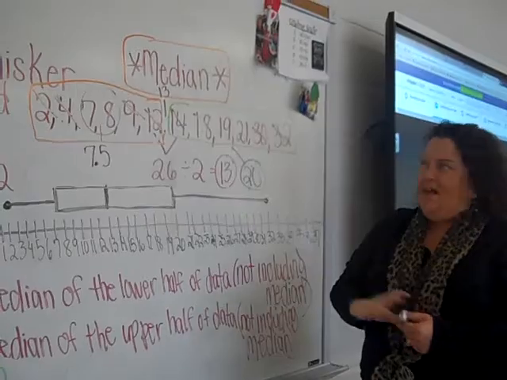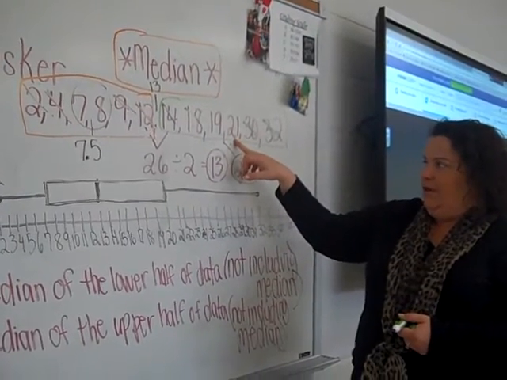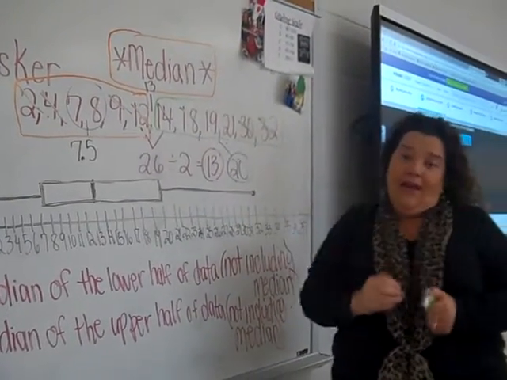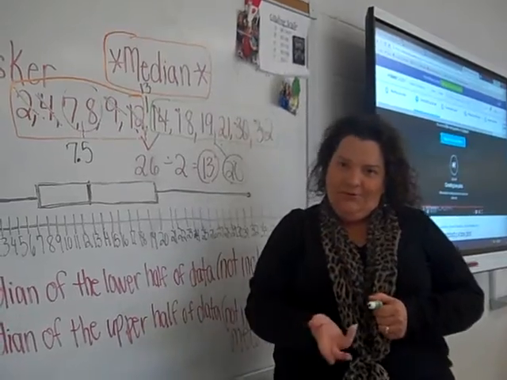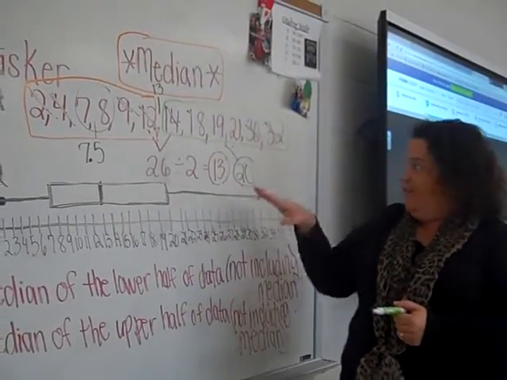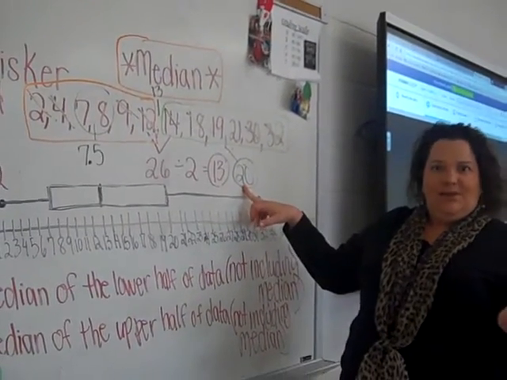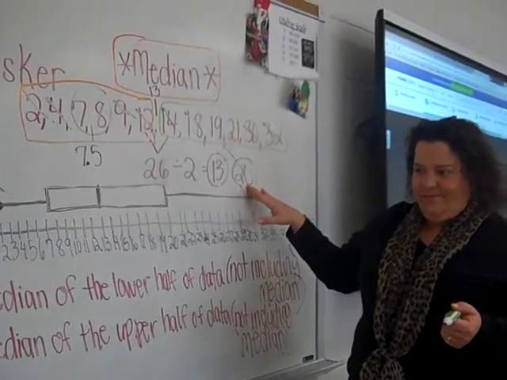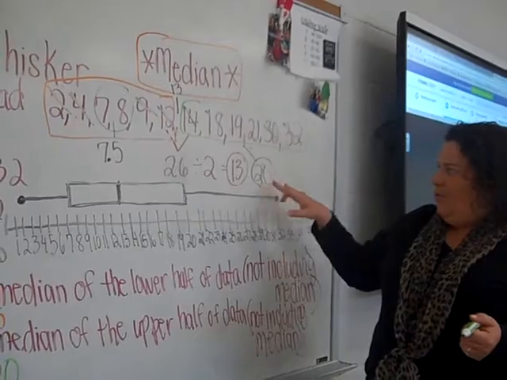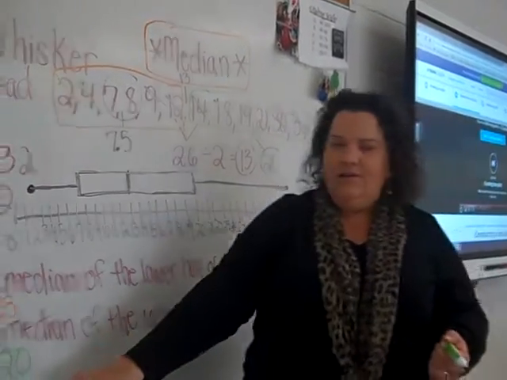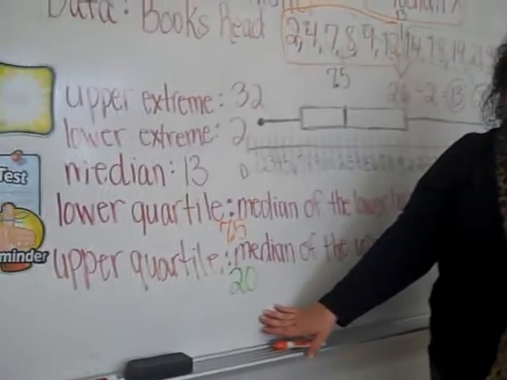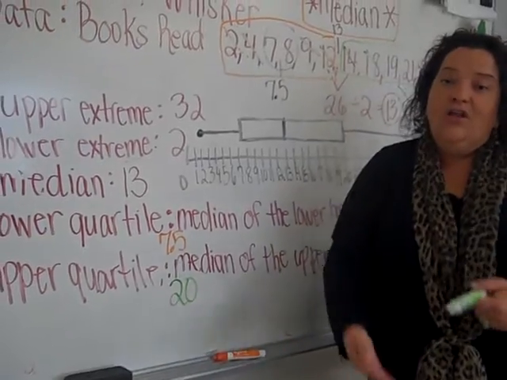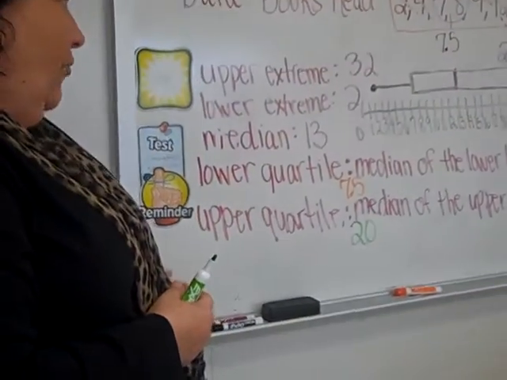Here we had 19 and 21. You could add those together and divide by 2, or you can think, what number is between 19 and 21? We know that's 20. So the upper quartile median would be 20. Those are the directions to get your answers in red.